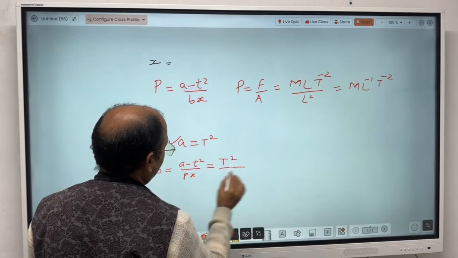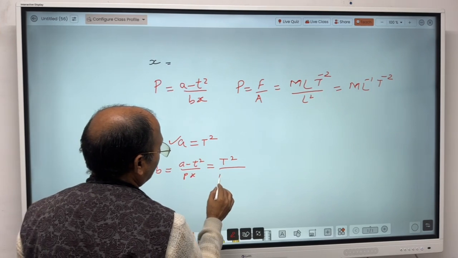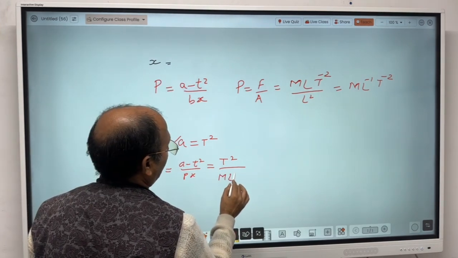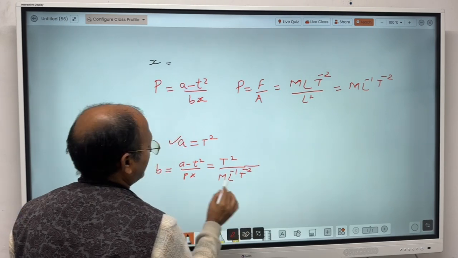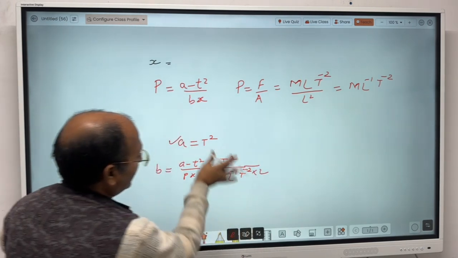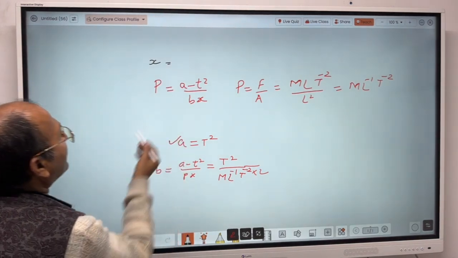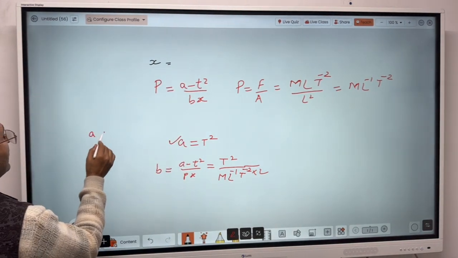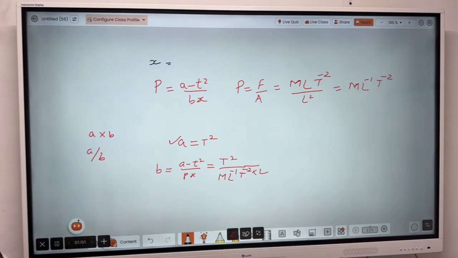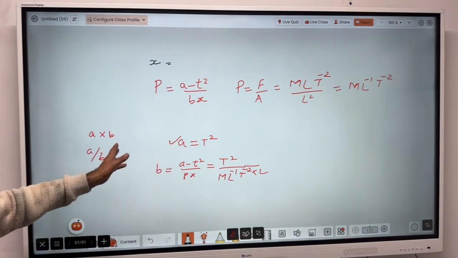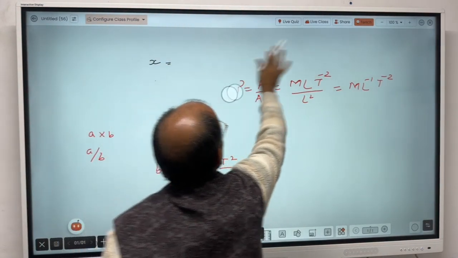We write here T square, and the dimension of pressure we have got as m L power minus 1 T power minus 2 times X. X is L. We can simplify to get the value of B. Sometimes in a question they ask to find the dimension of A and B or the dimension of A upon B. So you can easily put these two dimensions and then evaluate. So I am not doing that. That is your part.